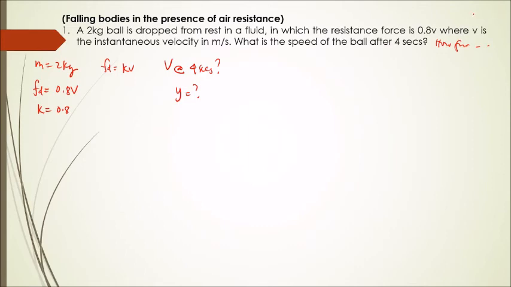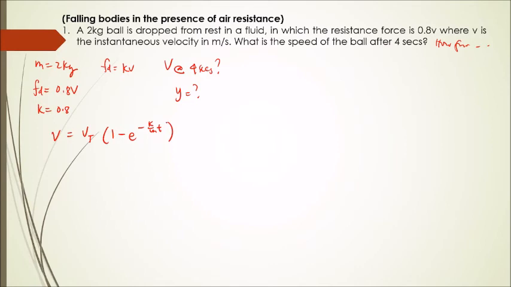First and foremost, we have k already, then mass, time, and drag force k. So I think we can have vt. So let's try. Now in this equation, v equals v of t times 1 minus e to the negative k over m times t.